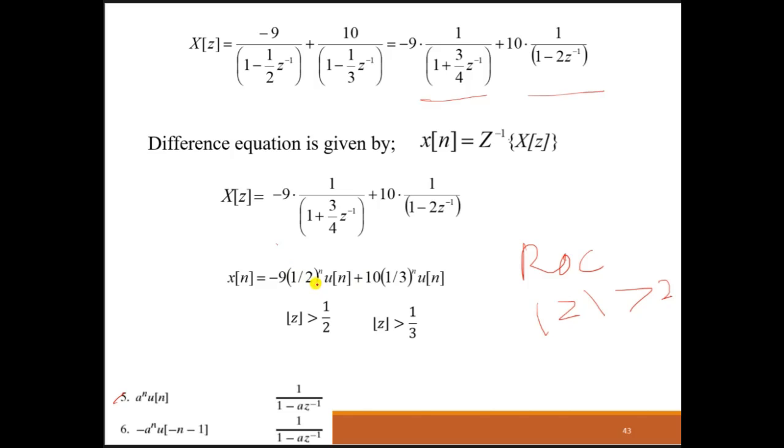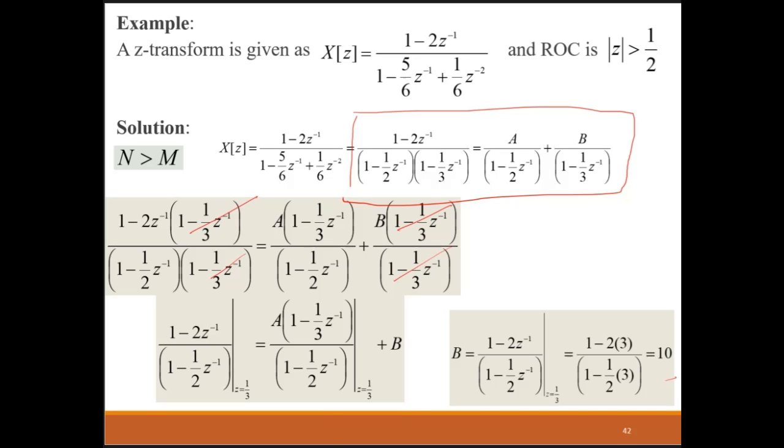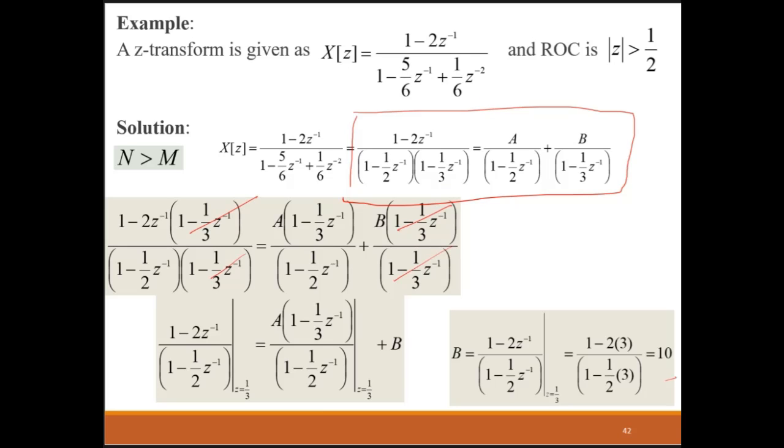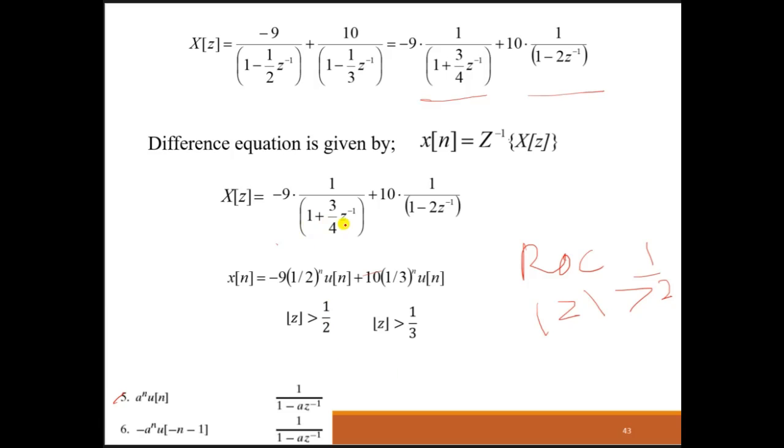Alright, so there is a small mistake here in this slide, so please correct it later. Z bigger than 1 over 2. Z bigger than 1 over 2. Let's see, earlier it was 1 over 3, 1 over 3.